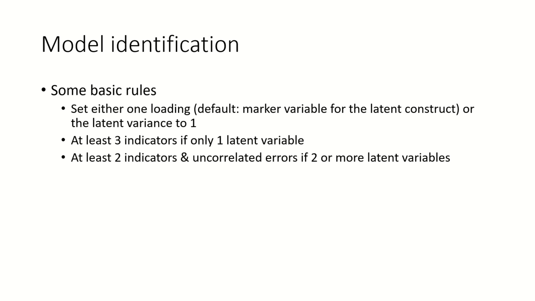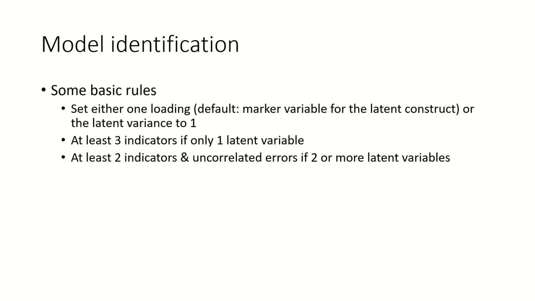There are some basic rules. The first rule typically is we need to identify some kind of metric. And the way it is done by default most of the time is we set a marker variable. So in our previous slide we had x1 that was set to have a factor loading of 1.